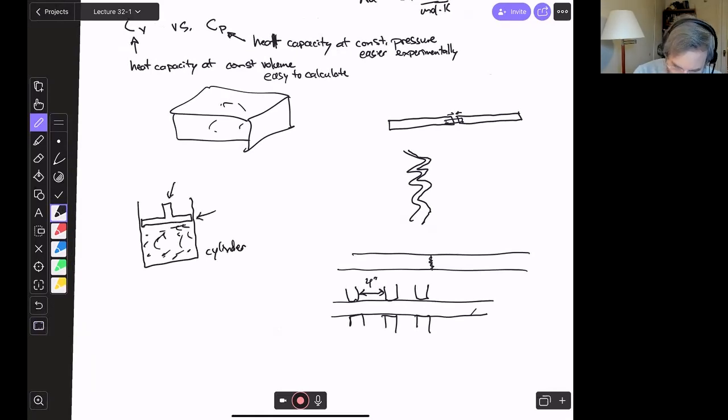So this is a piston. There are seals on the sides that prevent gas from getting past the piston. So we could push the piston down and compress the gas and it wouldn't get out.